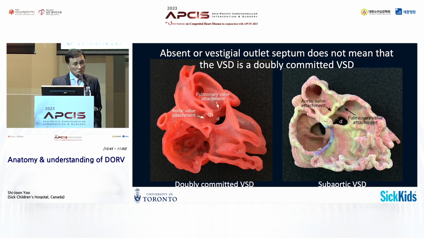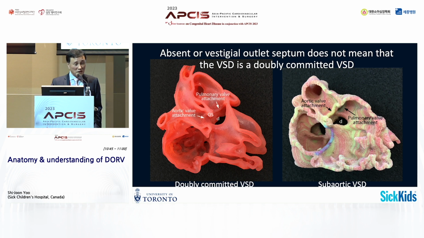So here you have two 3D printed models. Here, aortic valve, pulmonary valve, you have outlet septum, and the VSD is here, absolutely doubly committed. But there is a small outlet septum. But in this case, there is no outlet septum. The pulmonary valve is here, and the aortic valve is here.